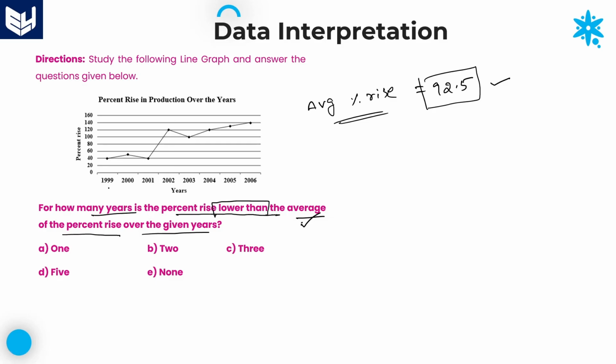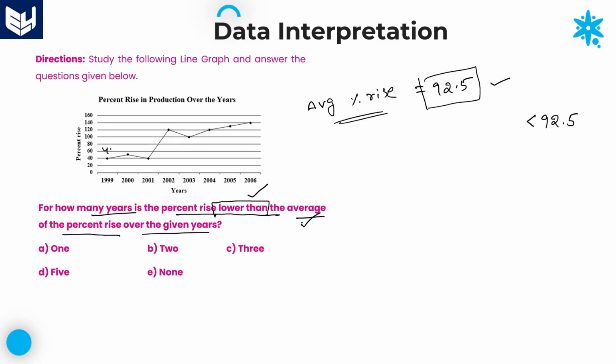In how many years are the percentage rise values provided in the graph lower, in the sense less, than the average? So you need to check which values are less than 92.5.